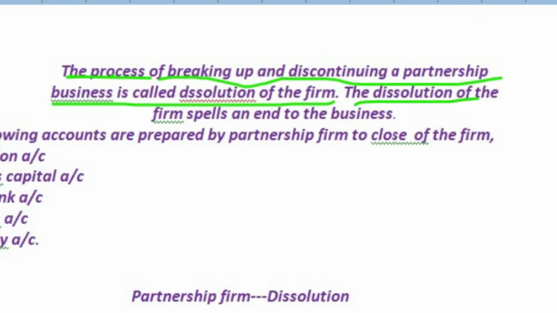The dissolution of the firm spells an end to the business.